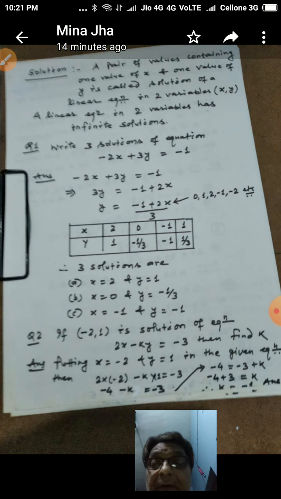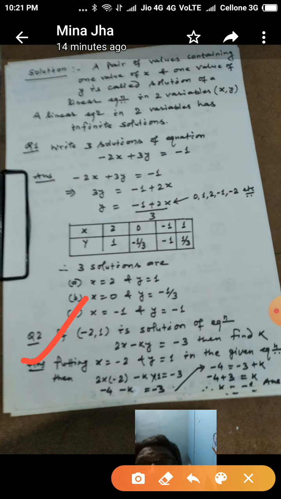Okay students, now another question. We have just discussed that a solution contains one value of x and one value of y, which can be written inside a small bracket as (x, y). It represents a solution of a linear equation in two variables. So here it is given that if (minus 2, 1) is the solution of the equation 2x minus ky equal to minus 3, then find k.